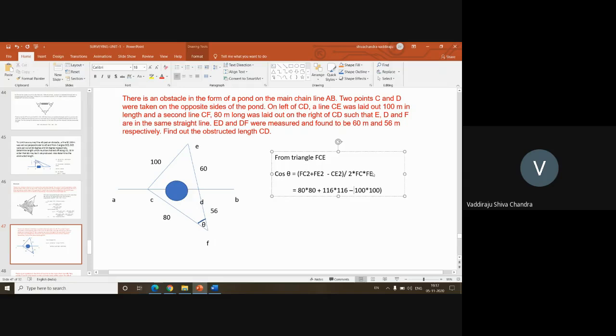I'm just substituting these values and dividing by 2 times FC, 80 multiplied by 116. Okay, please calculate and tell me the value.